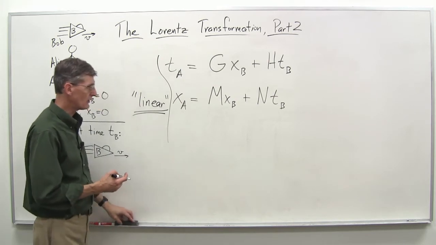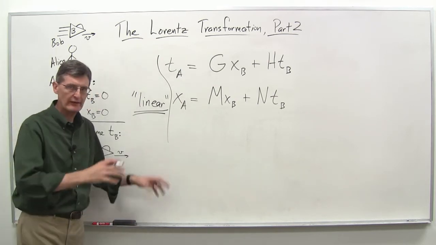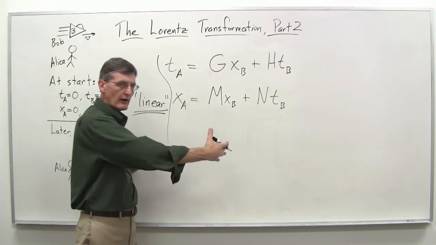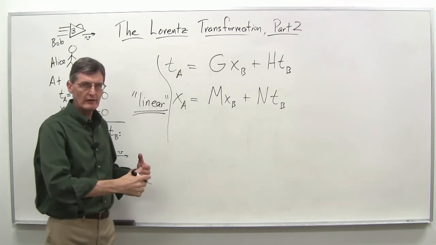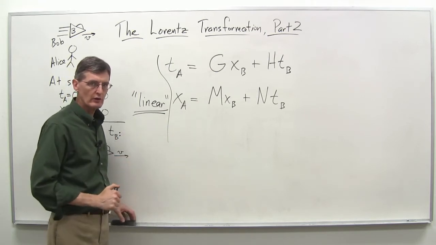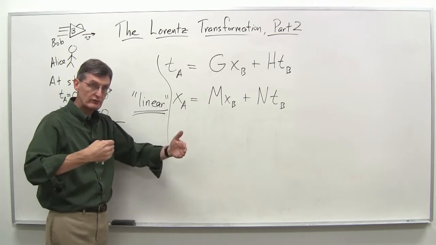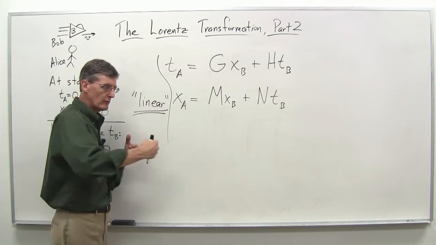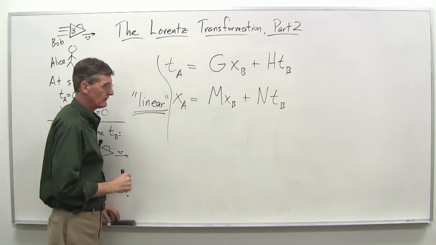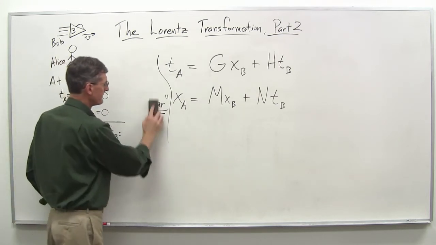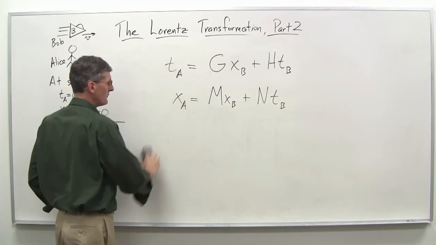That comes from our little hand-waving argument that the distances between times, and also distance, have to be uniform when you're transforming from one frame of reference to another. It can be stretched or contracted, but it can't change from one to the next as you go along, as we saw. Okay, so accepting that, this is our form here.